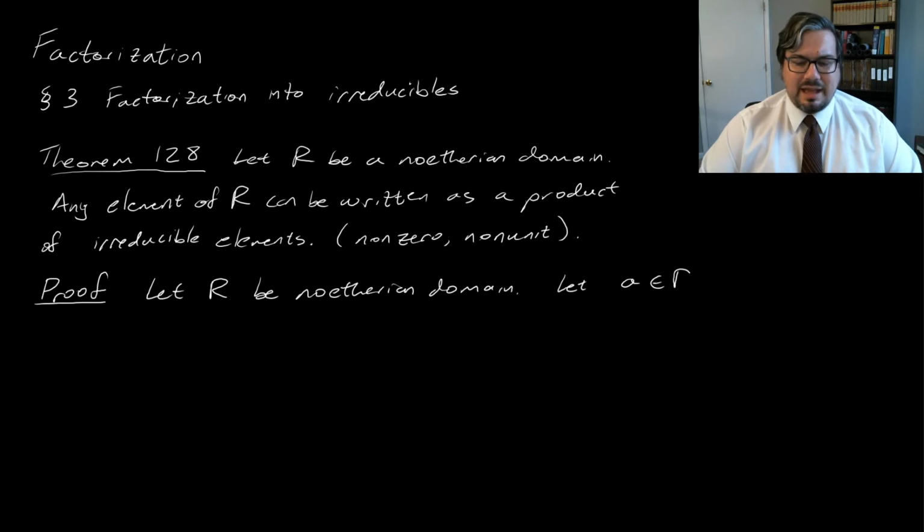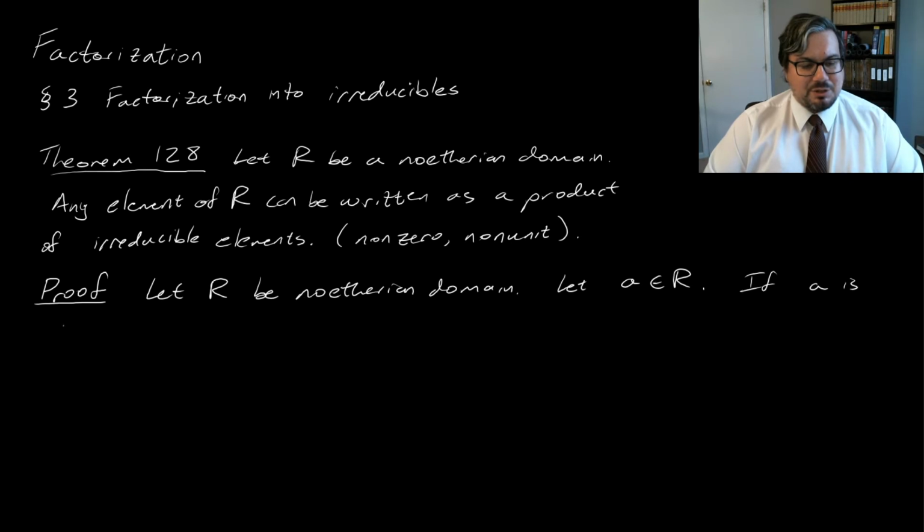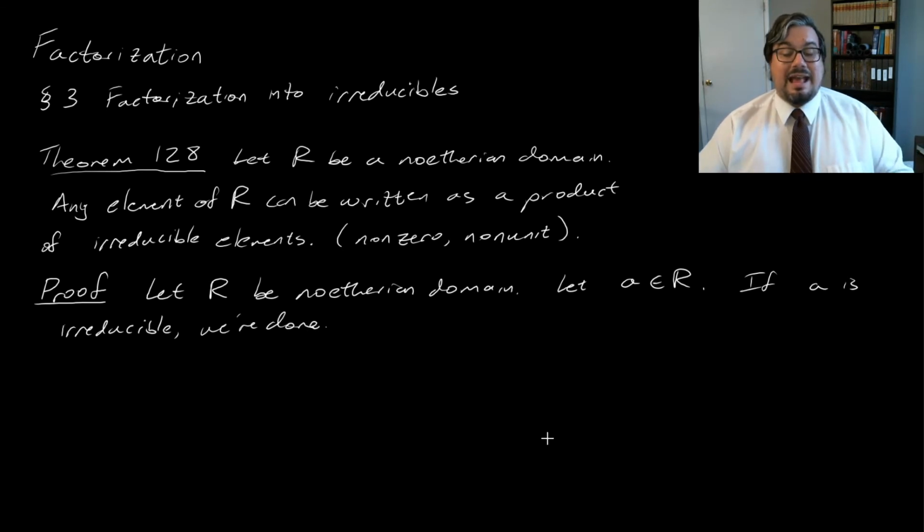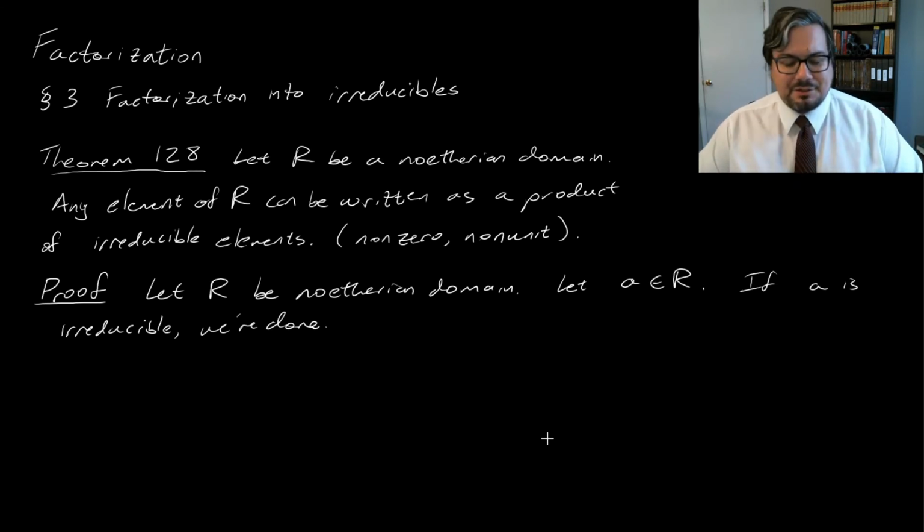Let A be an element of R. If A is irreducible, then we're done, because then A is equal to itself, and so it's the product of one element, so A can be expressed as a product of irreducibles.